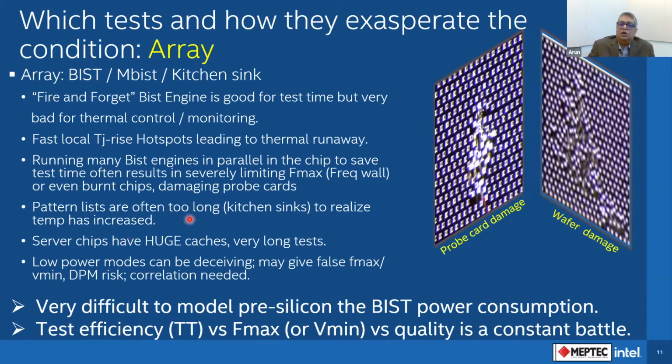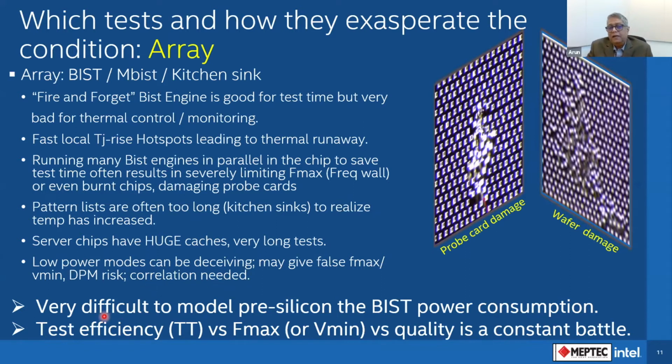The pattern lists are too long, meaning usually we put in all the algorithms and then boom, we go through like that without even realizing the temperature increases have started. And the worst is on server parts because servers have huge caches, right? Very long test. So we need to be extremely careful. There have been attempts to do low power MBIST, but many times they give a false Fmax or even DPM risk. So we need to be extremely cautious about low power modes of array test, and a lot of correlation is needed.